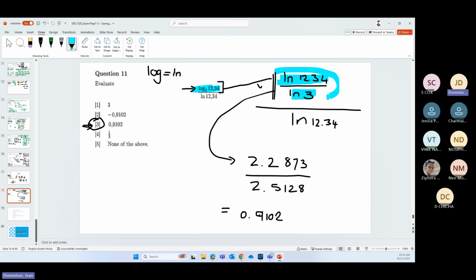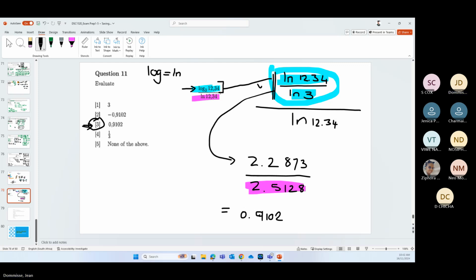Then your next step, work out what is ln of 12.34. That ln of 12.34 is that answer. And then if you divide the two, you will get 0.9102.